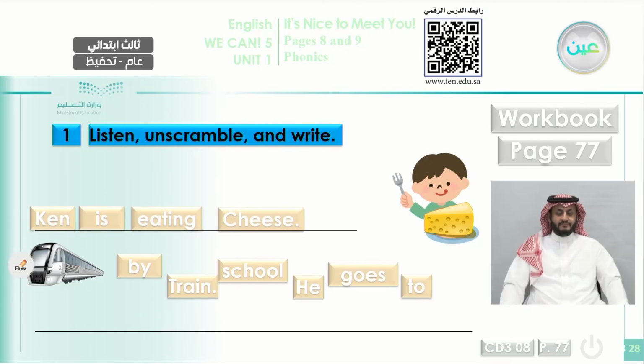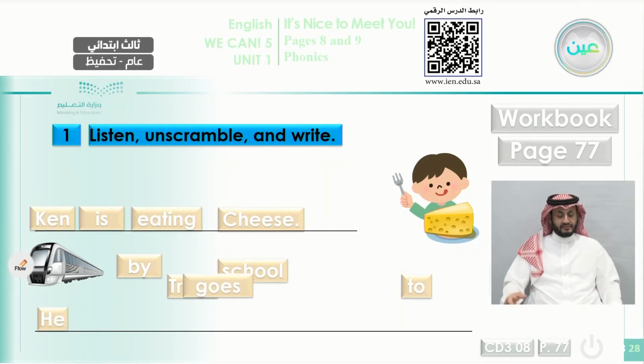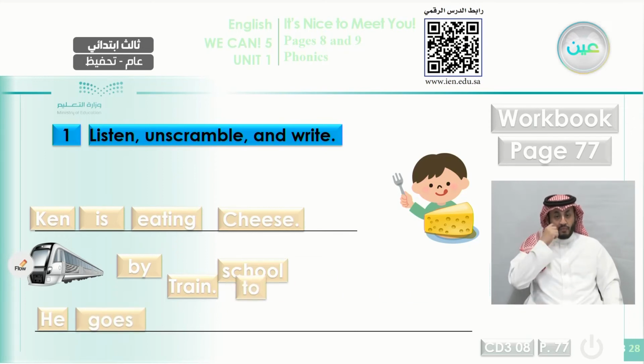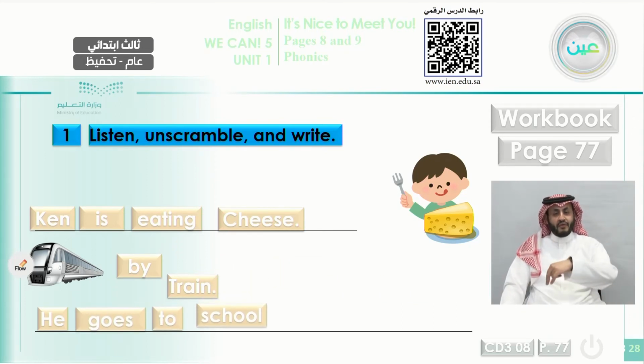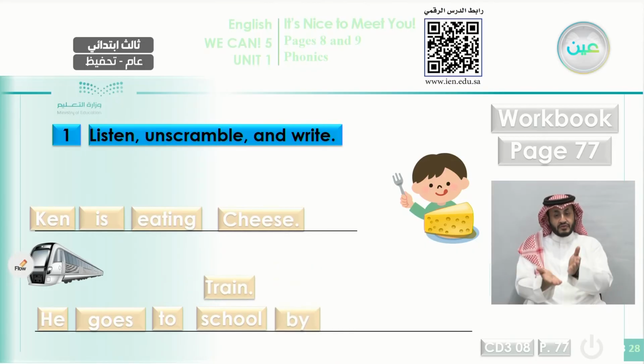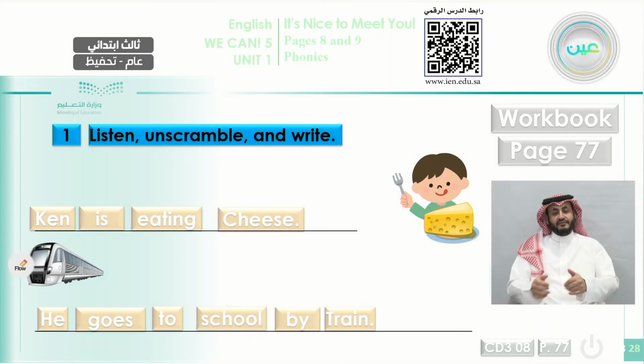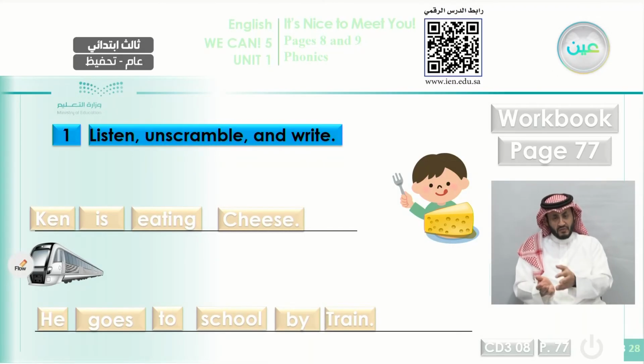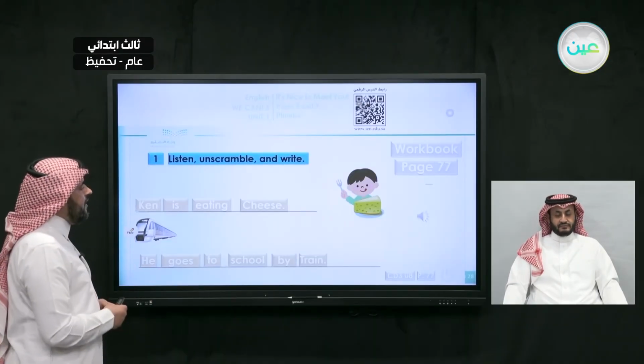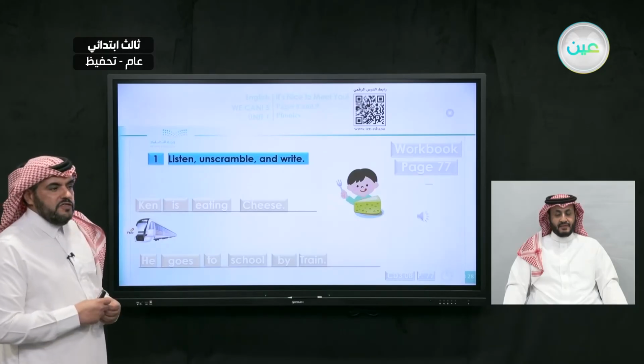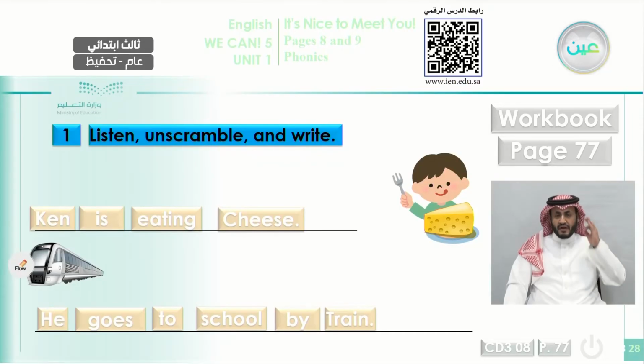Also in this sentence we talk about another person. We can say he goes to school by train. Okay, this is also a sentence telling us that the boy usually goes to school by train. Let's listen to these two sentences again.